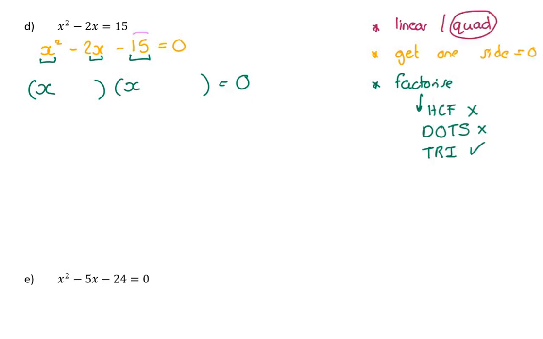The first step is to look at your constants and say to yourself, what can multiply to get 15? Well, our options are 3 times 5 or 15 times 1. Those are pretty much it. Next step is I look at my sign. If this is a minus, my signs need to be different. So you need one of these to be a plus and one of these to be a minus.